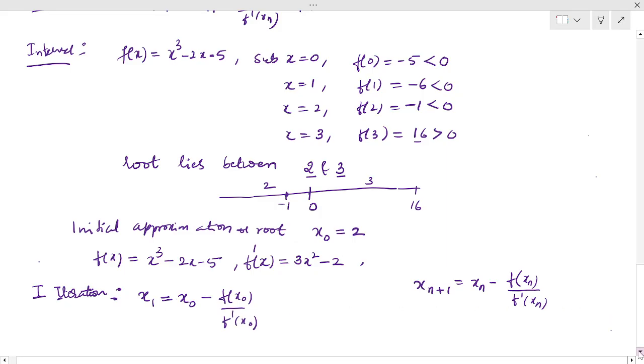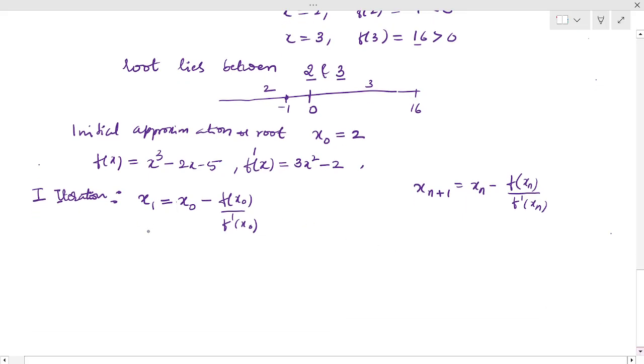The x0 value you know already, x0 is equal to 2. You can substitute: x1 is equal to 2 minus f of 2 divided by f dash of 2.